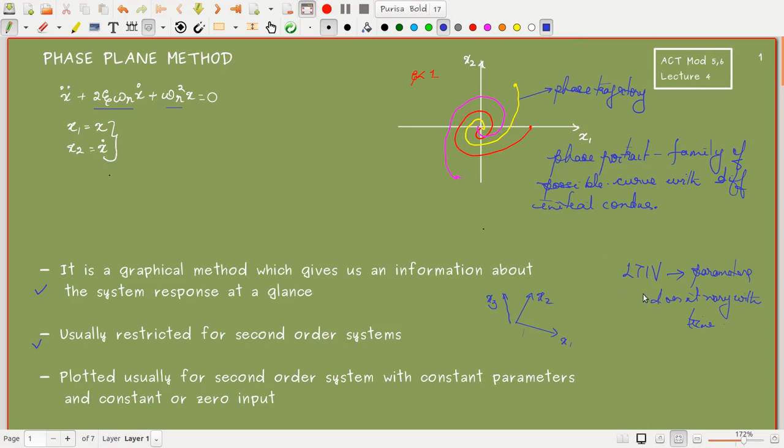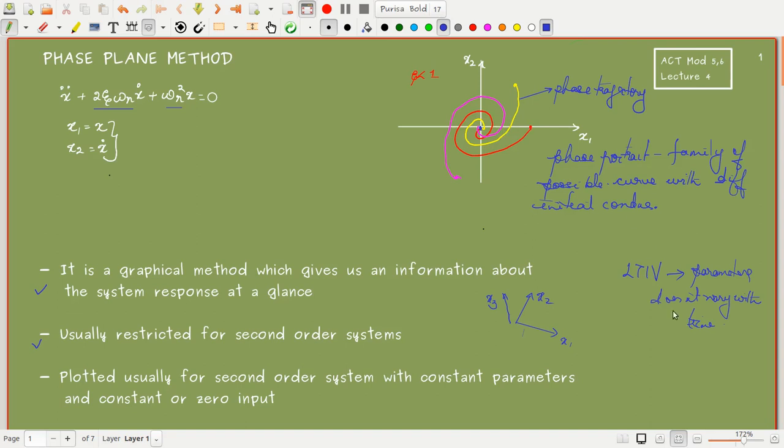Since the parameters do not change with time, the trajectories will never intersect. The only point at which they meet would be the equilibrium point for a stable system. For an unstable system, they will start together from the equilibrium point and diverge to infinity.